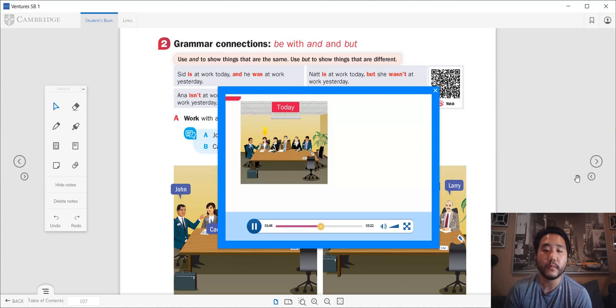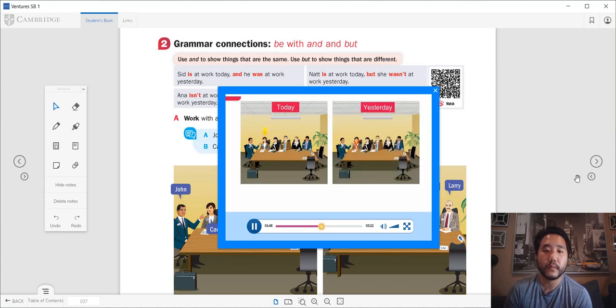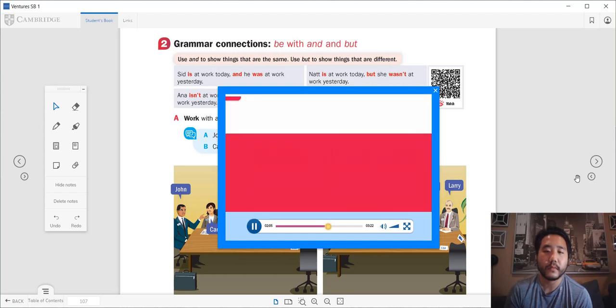Look at the picture of Carmen today. Look at the picture of Carmen yesterday. Complete the sentence about Carmen. Then listen to the answer. Carmen is at work today, but she wasn't at work yesterday.